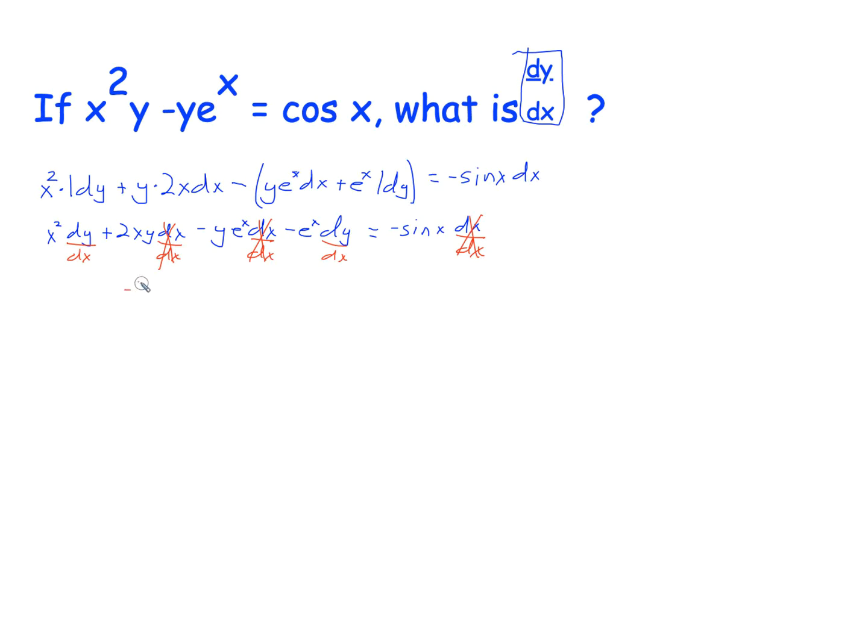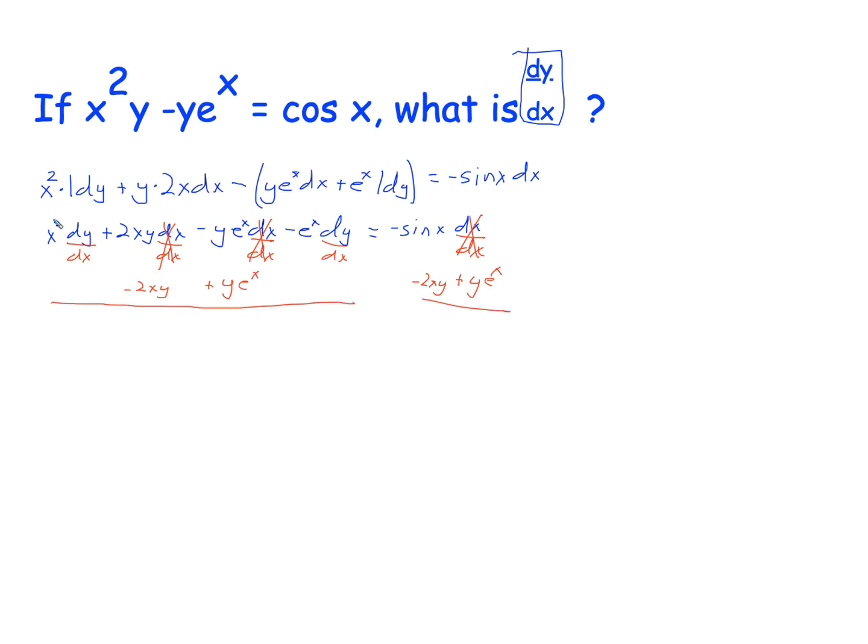So minus 2xy from both sides. And we'll also add this term to both sides, y times e to the x. I think that will do it.